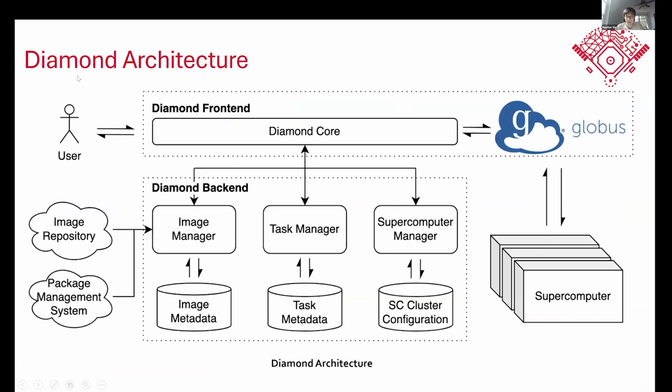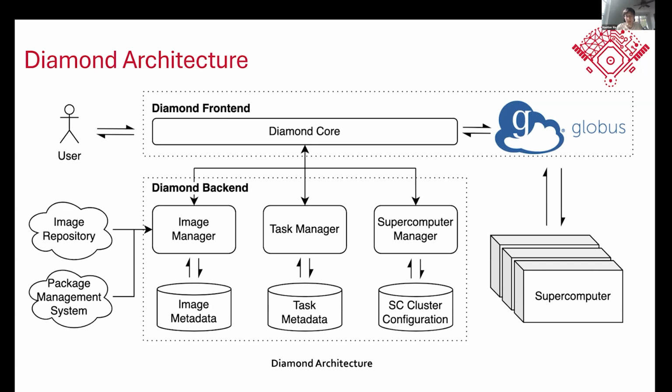And here is the Diamond architecture. The key component is the Diamond core. We have a Diamond front-end that interacts with users. Users can click some buttons and type in some input boxes to determine their jobs and their dependencies. They can use a drop-down box to select their clusters and the queue they want to use.